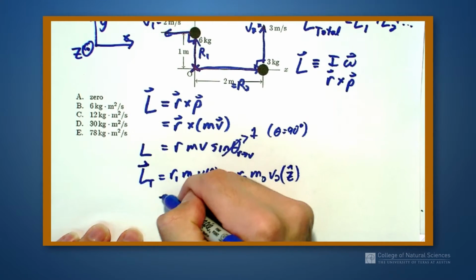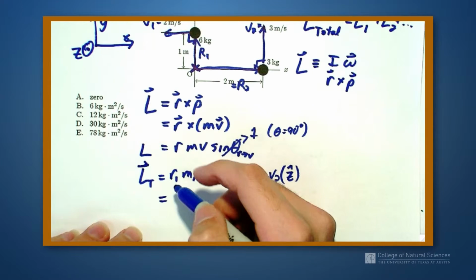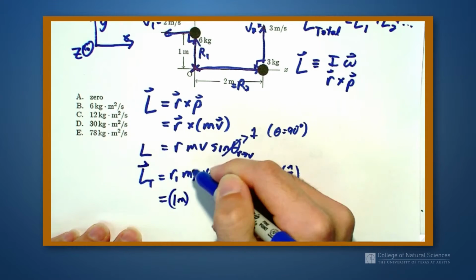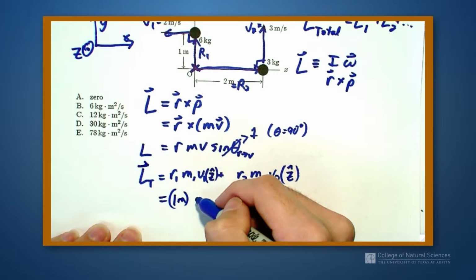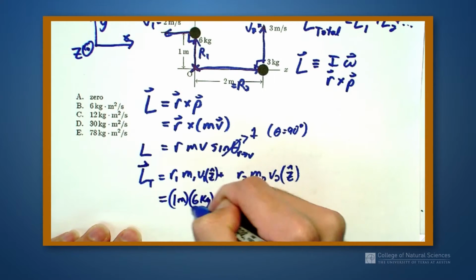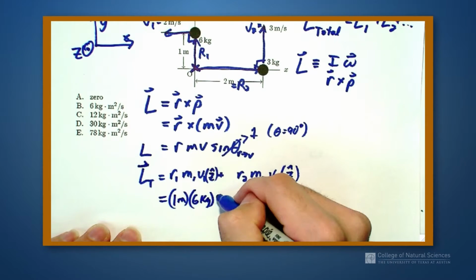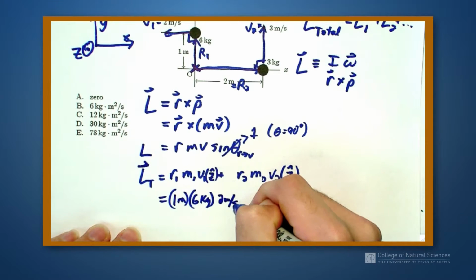which, substituting in everything, means that r1 was 1 meter, m1 was 6 kilograms, and v1 is 2 meters per second.